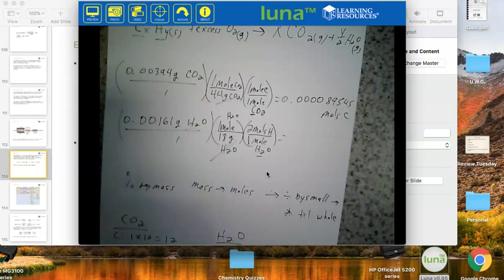So percent to mass, don't need that. Mass to moles, okay, so I'm starting here. I have moles, and my next step would be divide by the smallest number. And so that is this number here, 0.000895545. So that's 1.